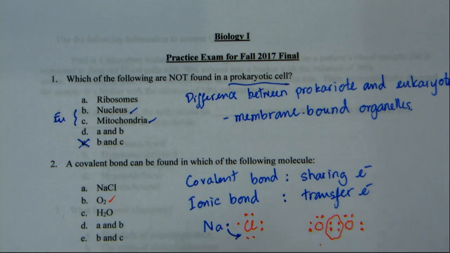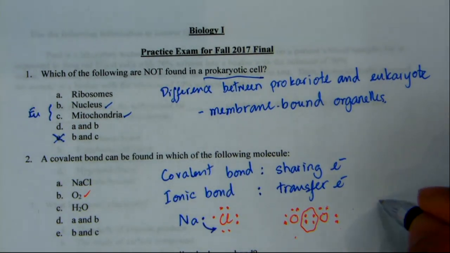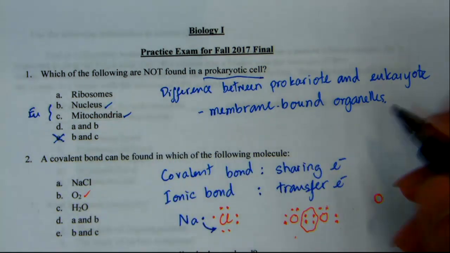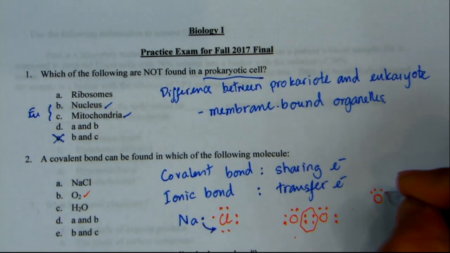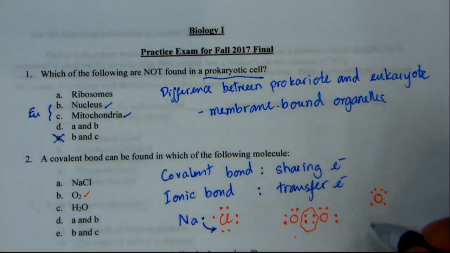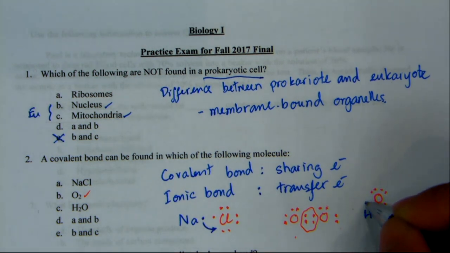What about water? Water is just similar. In water, we have oxygen and we have hydrogen, right? So oxygen has 6, and we have hydrogen like that.